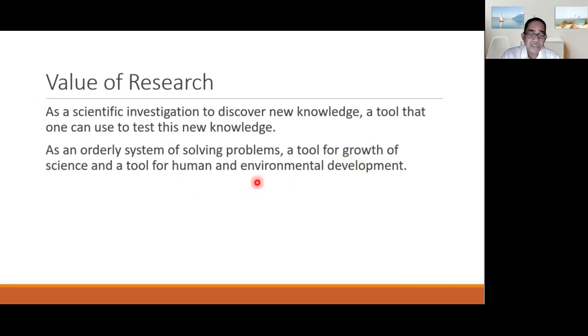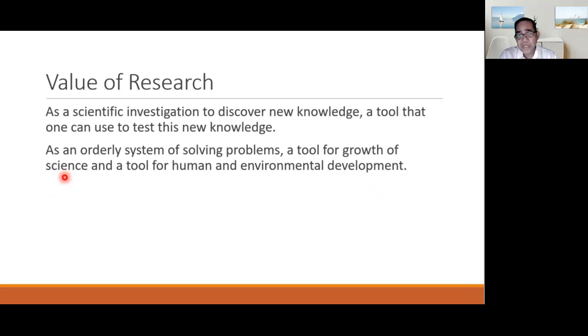As an orderly system of solving problems, research can be a tool for growth of science and a tool for human development and environmental development. You see, the growth of science, and I am referring specifically to medicine, is always connected to researches.